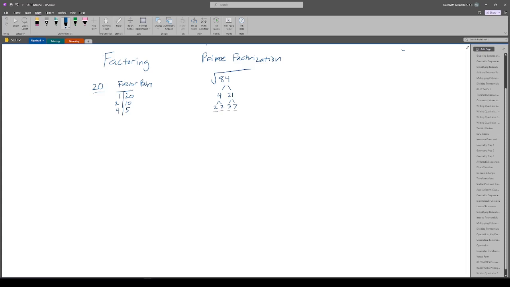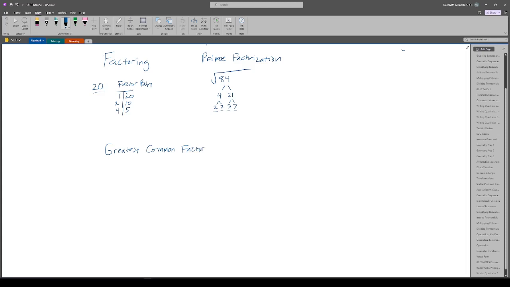Finally, you've probably also heard of something called a greatest common factor. You usually learn about it at first with another thing called a least common denominator. The idea of both of those is that we're looking for something that different terms share in common.